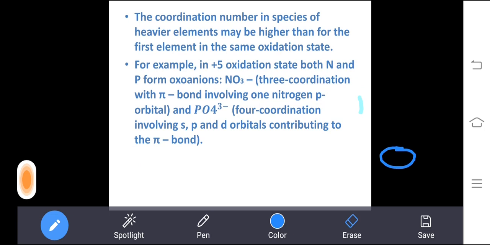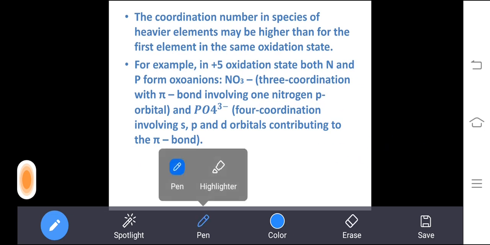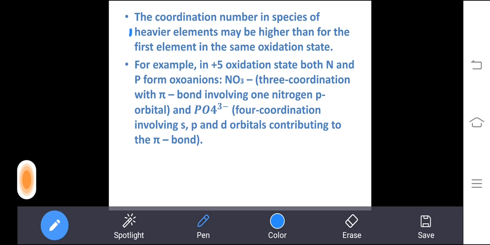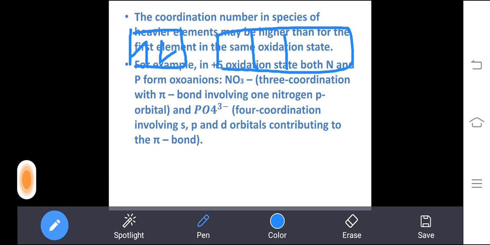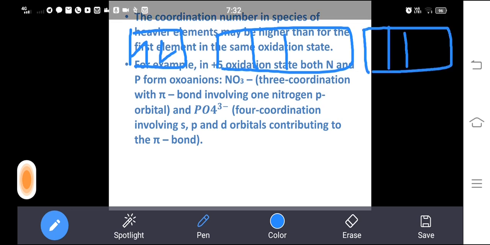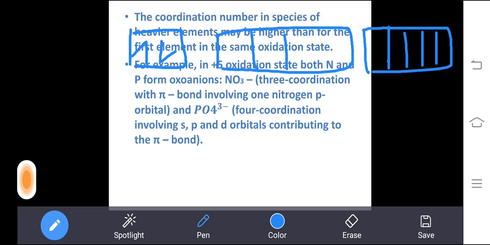And if you take phosphorus, it will have a 4 coordination involving s, p and d orbitals. Phosphorus, as we know, is 3s2 3p3, and we know that phosphorus also has d orbitals. So the number of oxygens coordinating will be 4.